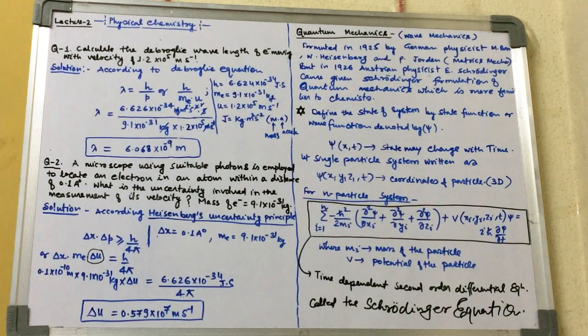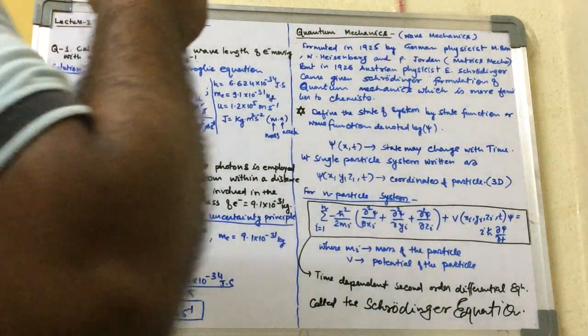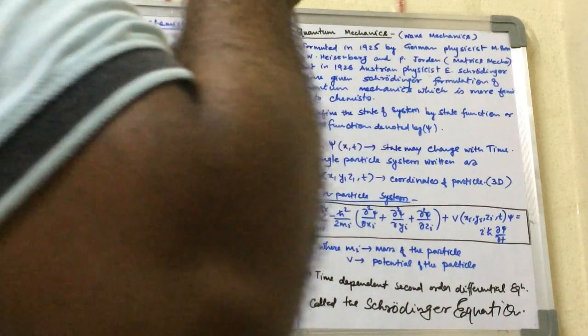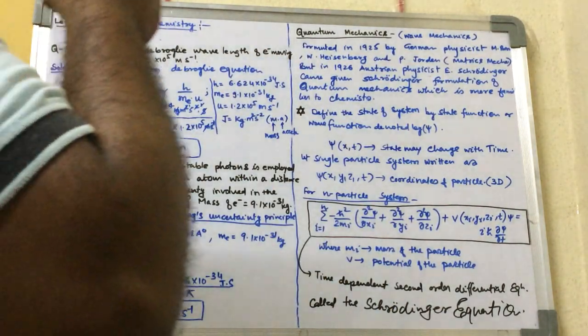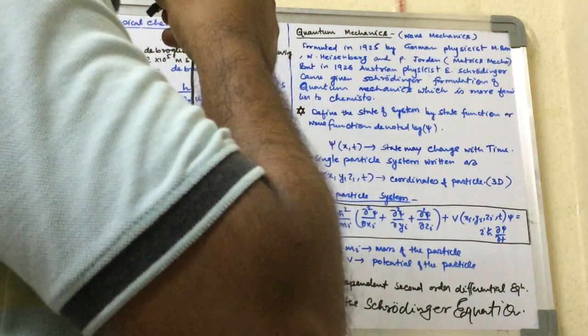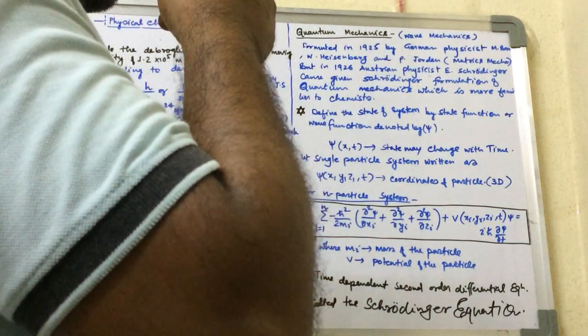So as you know, any moving particle is associated with a wave nature. If I am throwing any stone, then it creates a wave nature, but we can't see it with our natural eye.